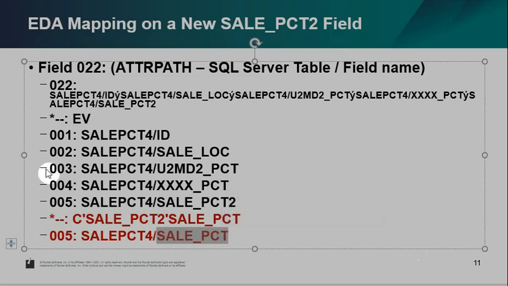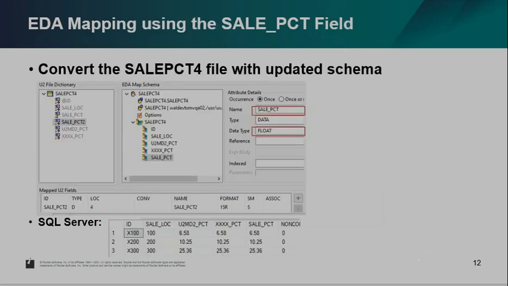So after this, I can file to save it back to the schema, then come back to look at the schema setting using the EDA schema manager tool. Then the field name will change to sales underscore PCT. But if you look at the dictionary mapping at the bottom, it is actually the mapping to sales underscore PCT2 without any conversion code.